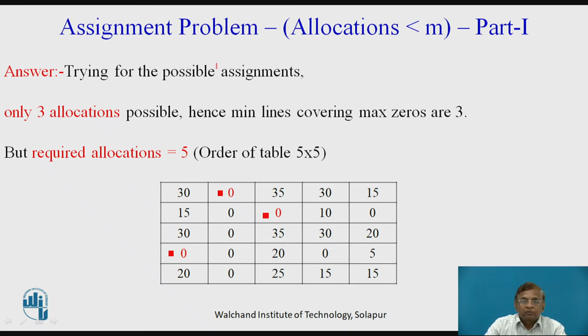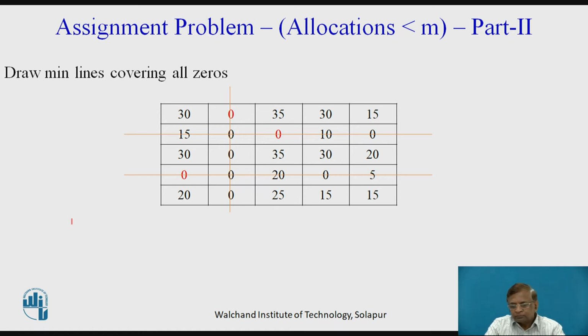That's the basic case we are talking about, and under such situations we are expected to have a little extended procedure to solve such problems. Now, under such a situation we are supposed to use a line-drawing concept. That is, we have to draw lines in such a way that a single line should cover maximum zeros.